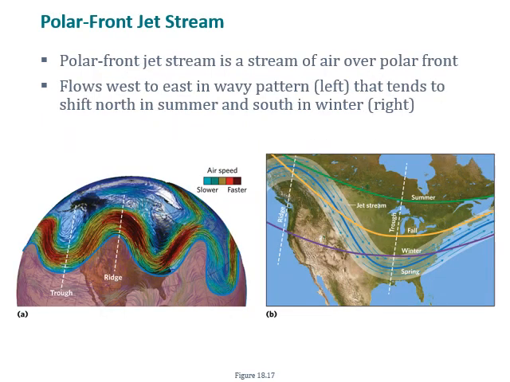The polar front jet stream is a stream of air over polar fronts which flows west to east in a wavy pattern that tends to shift north in the summer and south in the winter.